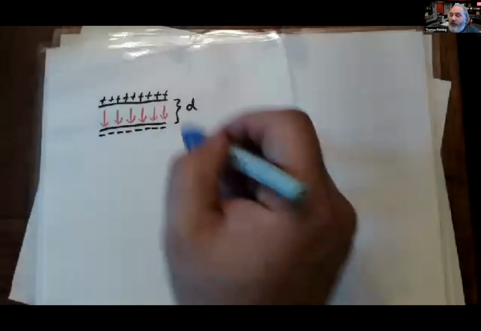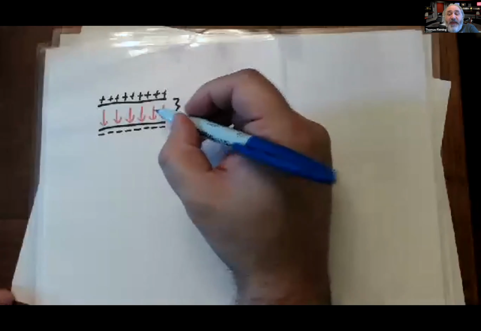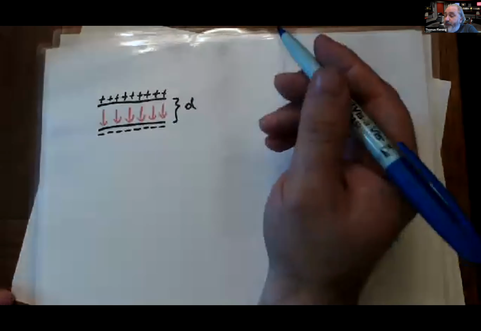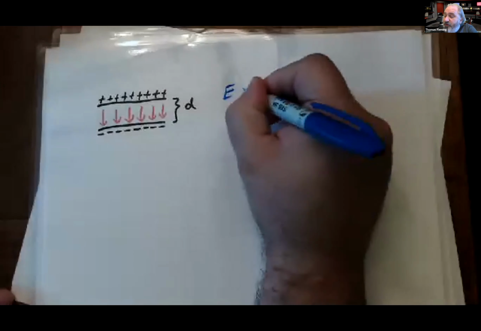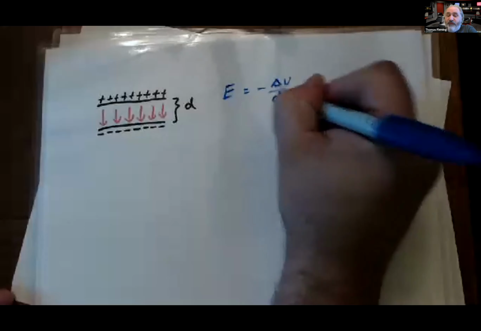And there was a field on the outside that was kind of curvy and complicated, but it was comparatively weak. And so we're going to mostly ignore that part of the field. It's not going to help us understand what's going on very well. All the action is going to happen here in this gap. Now, because we know that the electric field is related to the change in potential, remember E is equal to negative delta V over D.